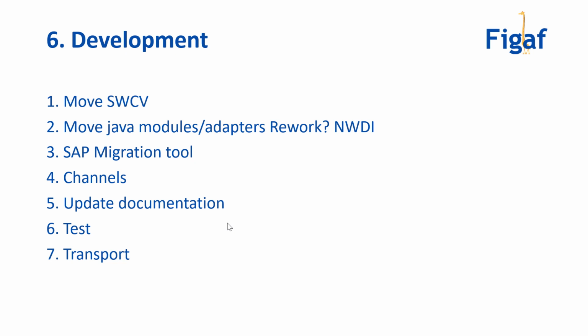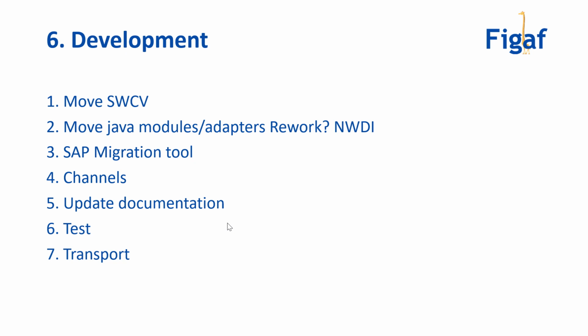For a migration, I've seen that there are actually 2 paths to this. One would be that you install a new system, do all development, and transport between these things. The other would be, if you have a PO system, upgrade it to a single stack, do the migration, and then go live on it. And then I've heard that you could split or delete the ABAP stack.